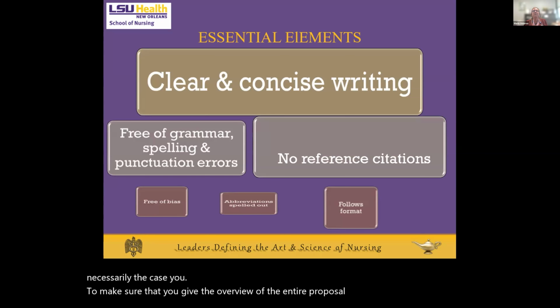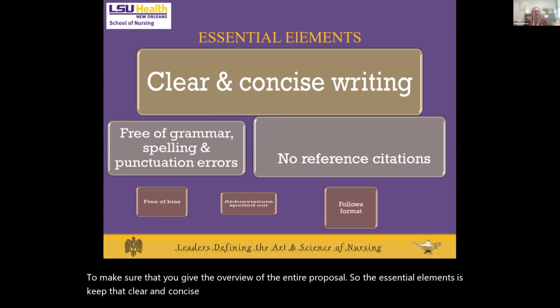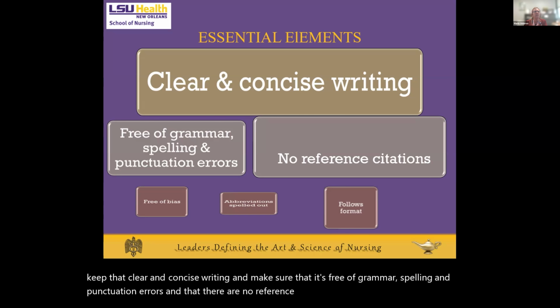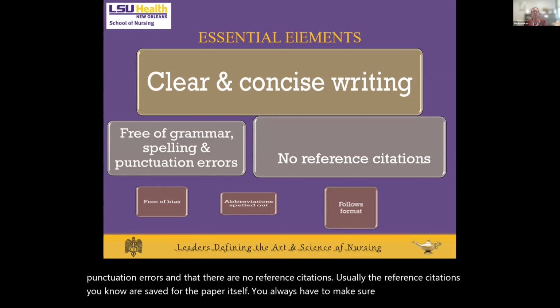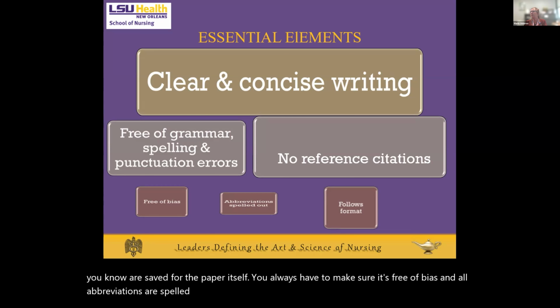So the essential elements are to keep the writing clear and concise, and make sure that it's free of grammar, spelling, and punctuation errors, and that there are no reference citations. Usually the reference citations are saved for the paper itself. You always have to make sure it's free of bias, all abbreviations are spelled out, and it follows the format of where you're submitting your abstract.